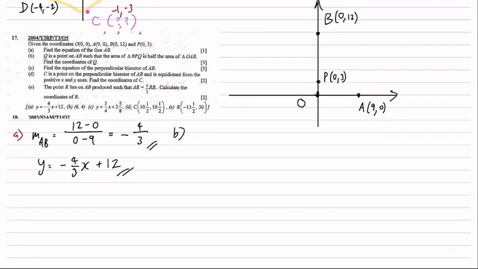Okay, then you have point Q, a point on AB such that the area of triangle BPQ is half the area of triangle OAB. I need to draw the line first.